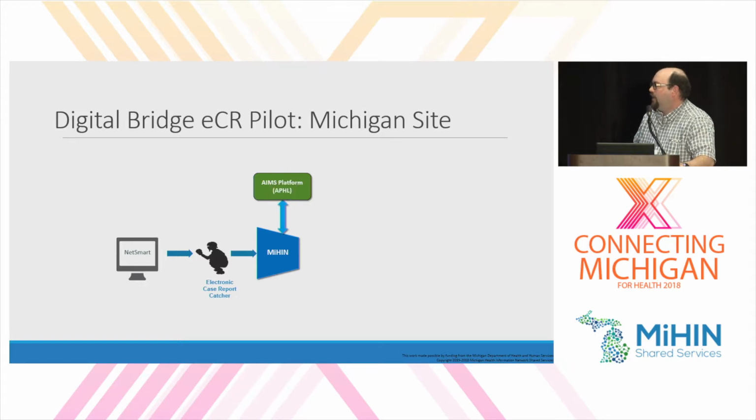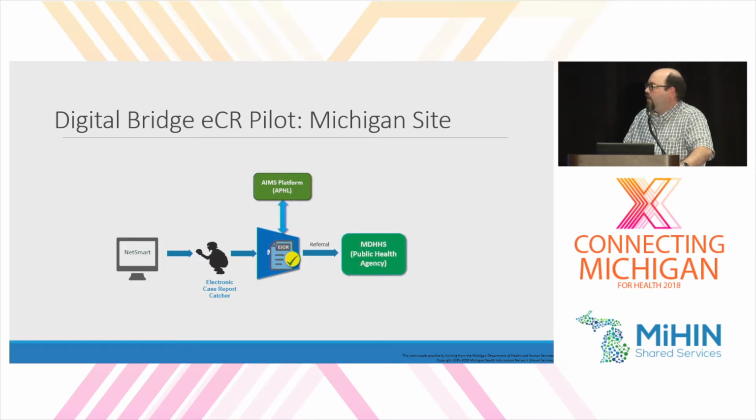At this point, RCKMS does its thing. It goes through a set of rules and decision-making ideas and says, yes, this is a reportable condition in Michigan. We'd better let them know. And so they send the document back to MiHIN and then off to us, where we happily process it and take the information and move forward.